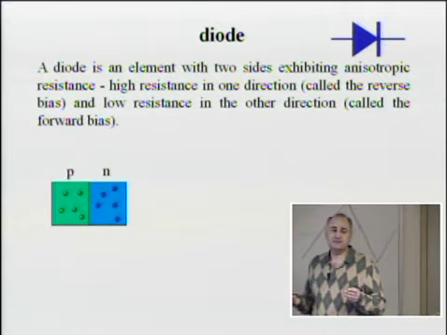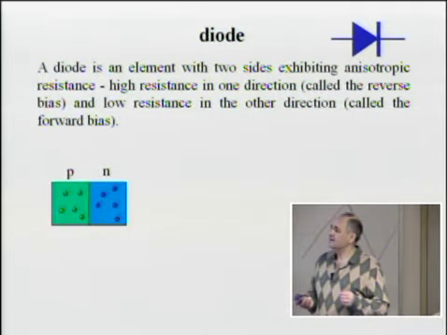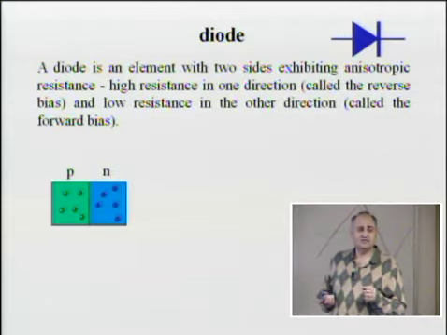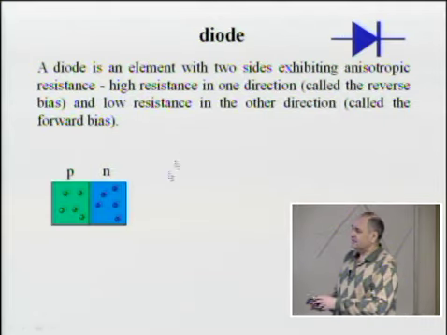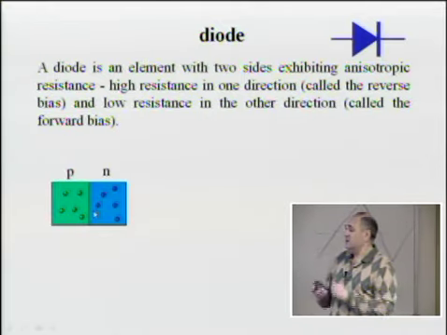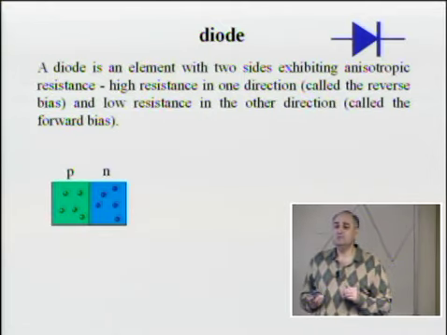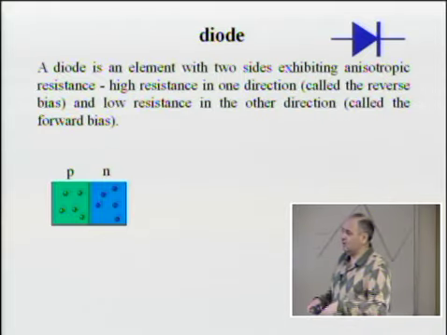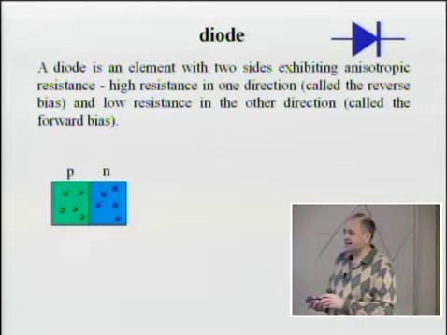Contemporary diodes are made from semiconductors which have two types of conductivity. We have to make a junction. We bring together differently doped pieces of silicon, or a lot of other semiconductors.